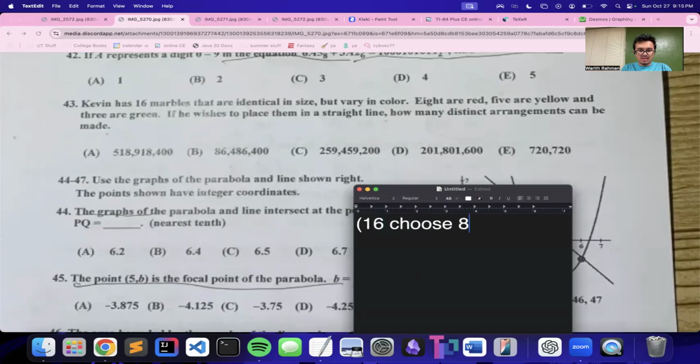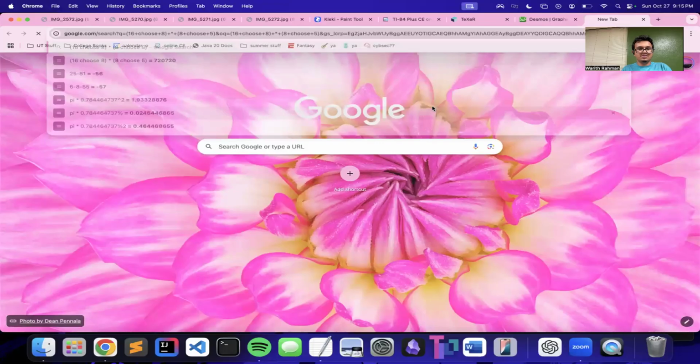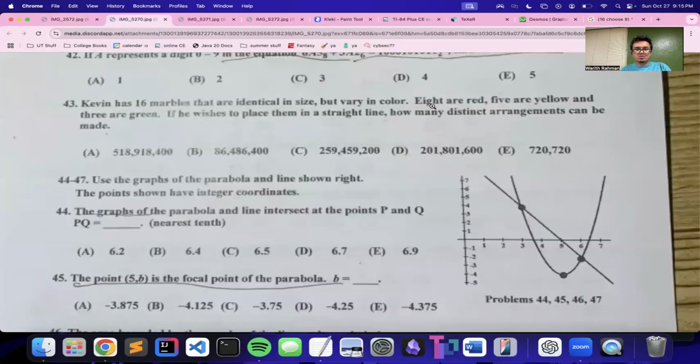So 16 choose 8, and out of the remaining 8 spots, we choose 5 for the yellow, and the other 3 spots go to the green. It doesn't matter which order you use. If I use yellow then green or green then red, it'll always be the same answer, because it has to be. Otherwise it wouldn't make sense. And if you solve for this, you get 720, 720.